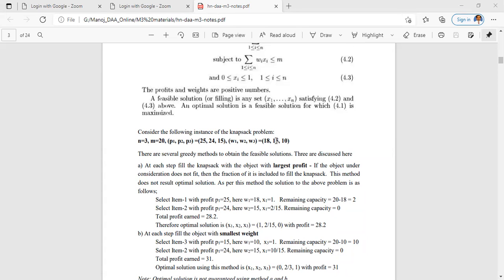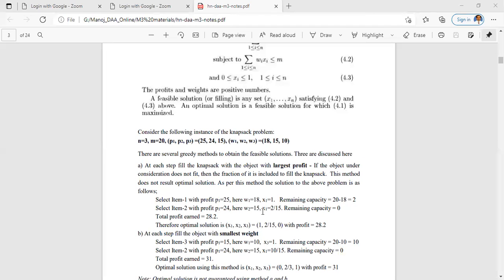The first profit is finished. Which is the second largest profit? It is 24. Sorry, it is not P1, it is P2, which is equal to 24, and its weight is 15.